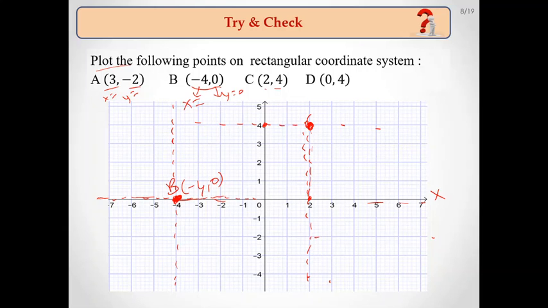So C equal to 2, 4. Zero, 4. Let's try to do it. X equal to 0 is here. So we are taking the vertical line.